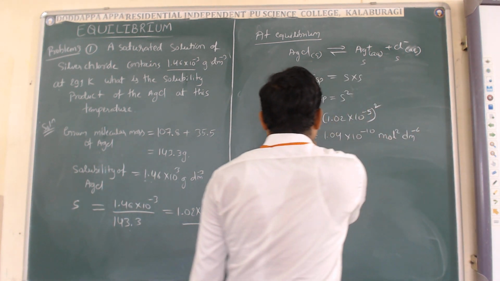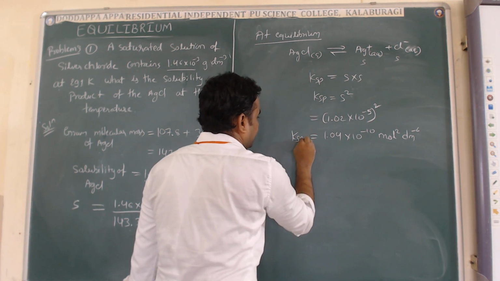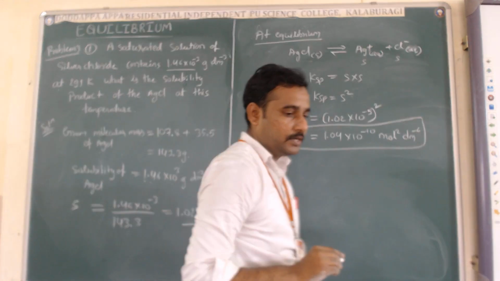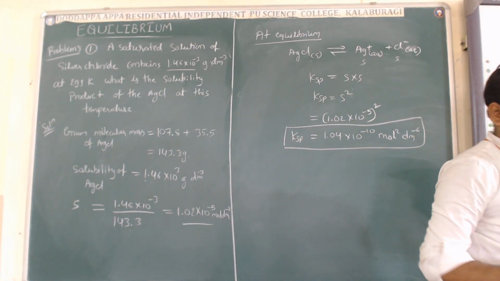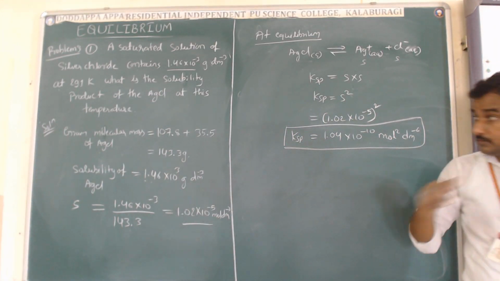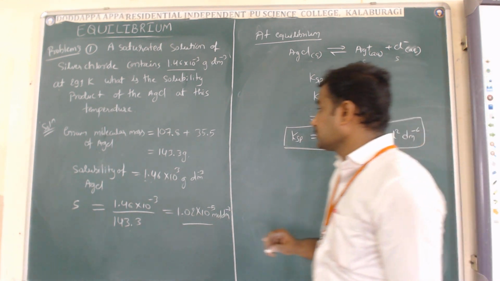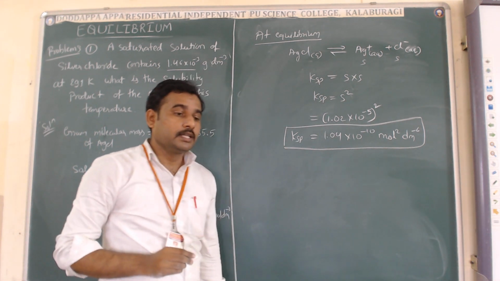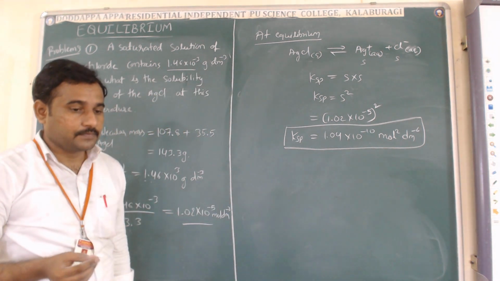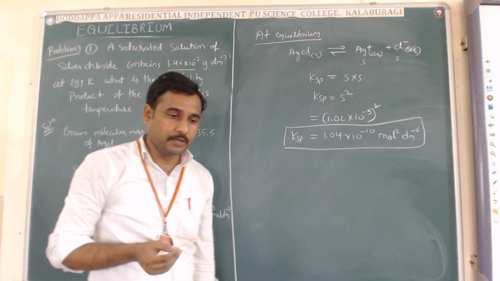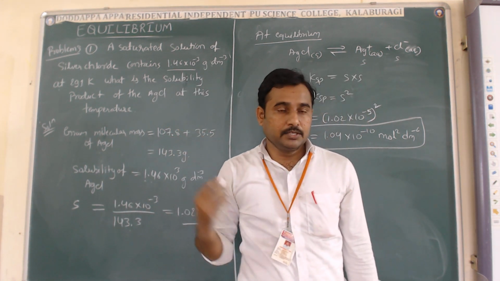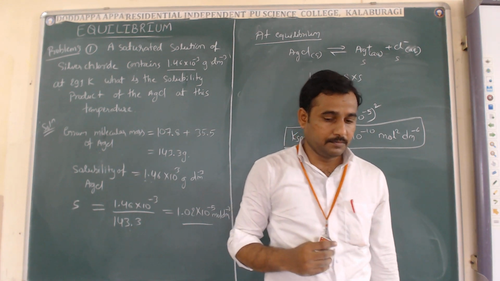This is the Ksp. We found the solubility product of the solution using the formula Ksp equals S square. Every time you write the reaction, you have to check whether it is AB type, AB2 type, or A2B type. When you check that, it will be easy to solve this problem.